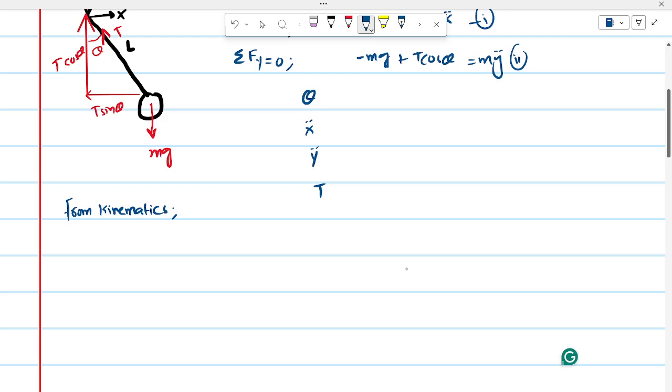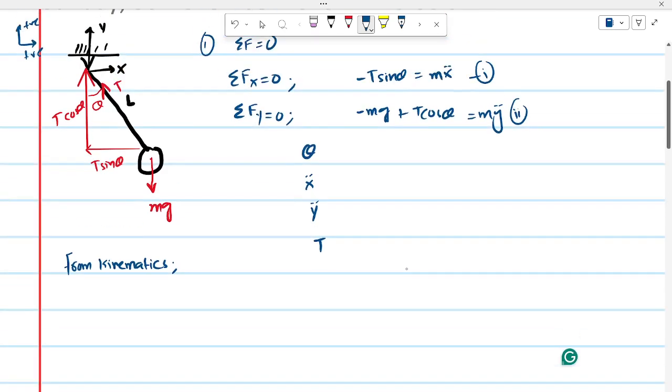From kinematics, if we look at our string with the mass pendulum at the end, and this is the length, the x distance covered by the string equals L sine theta, and the y distance equals minus L cosine theta.